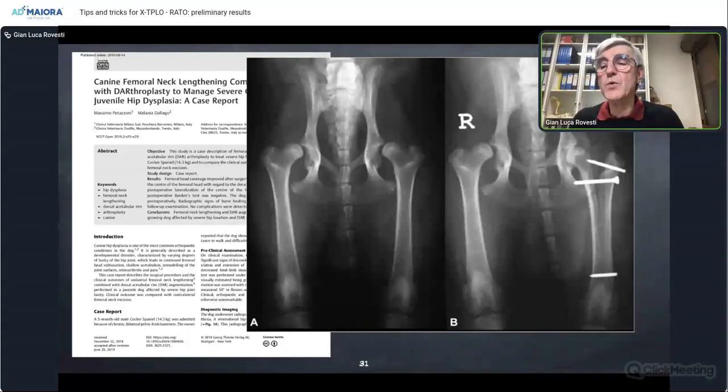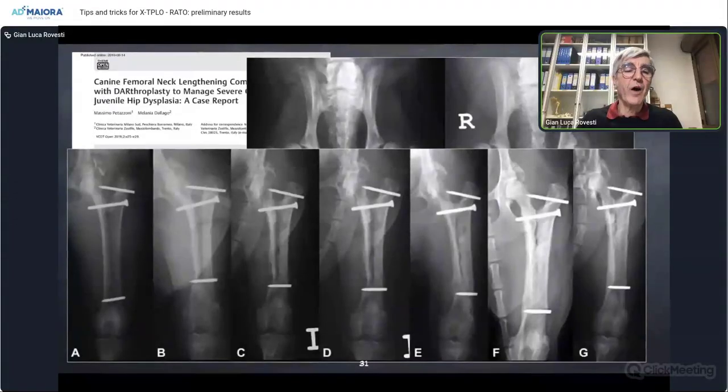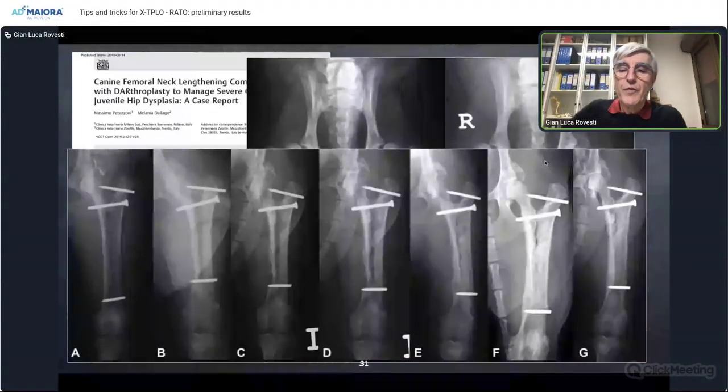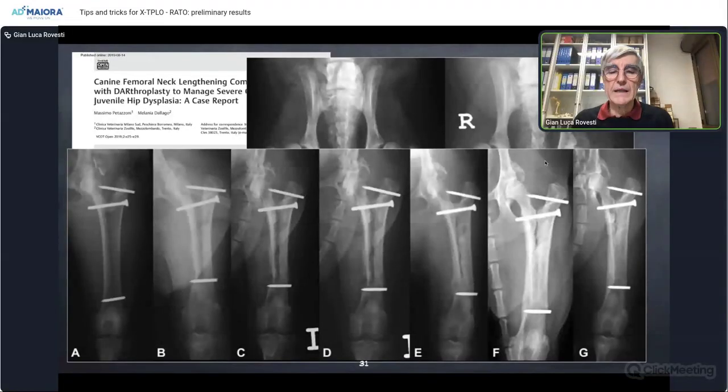If you follow how the osteotomy was performed and the progression of healing, of course the patient healed, but this is the kind of osteotomy that I wouldn't perform and afterward go home very calm, okay?